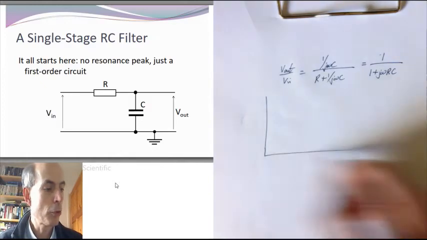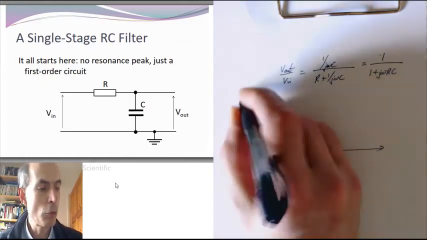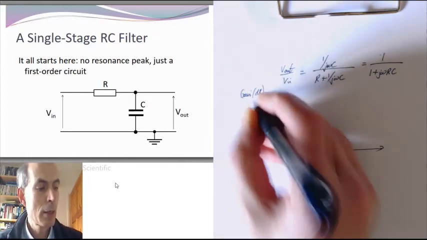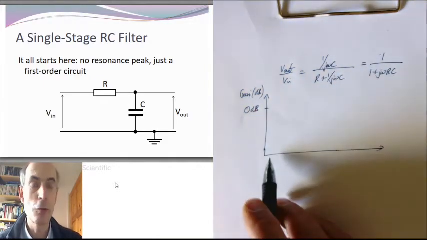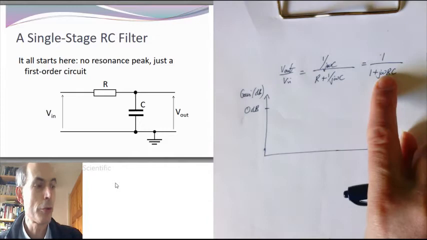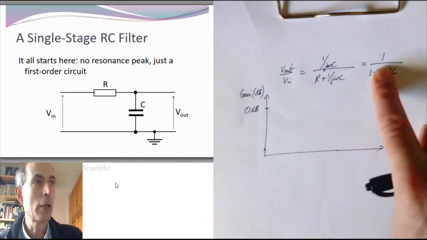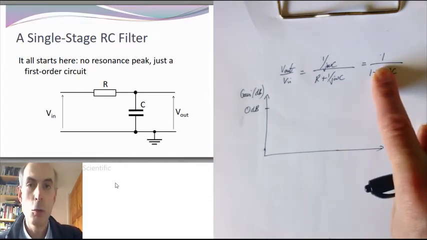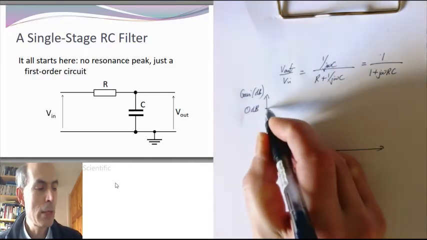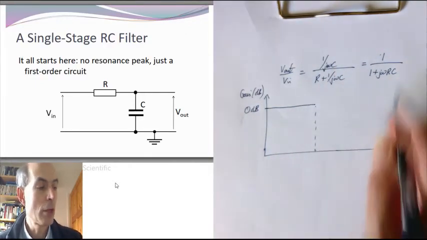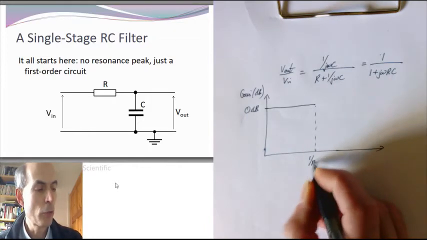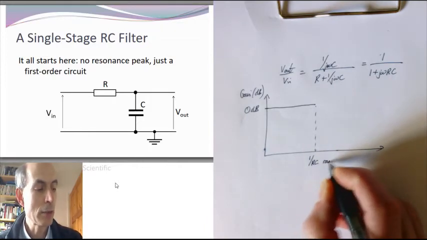So if we were to plot its amplitude response on a Bode diagram, it would start off at 0 dB, because at low frequencies you can neglect this term with respect to the 1, so it just behaves like 1 over 1 or 1, which is 0 dB. It would carry on flat until it gets to the break frequency of the pole, which is 1 over RC radians per second.